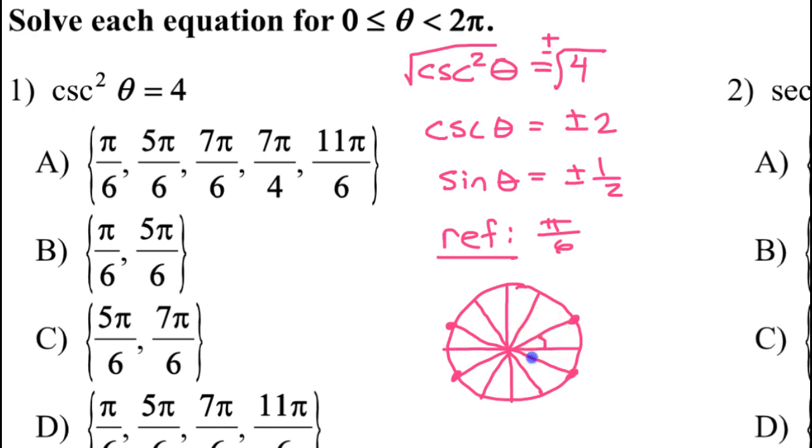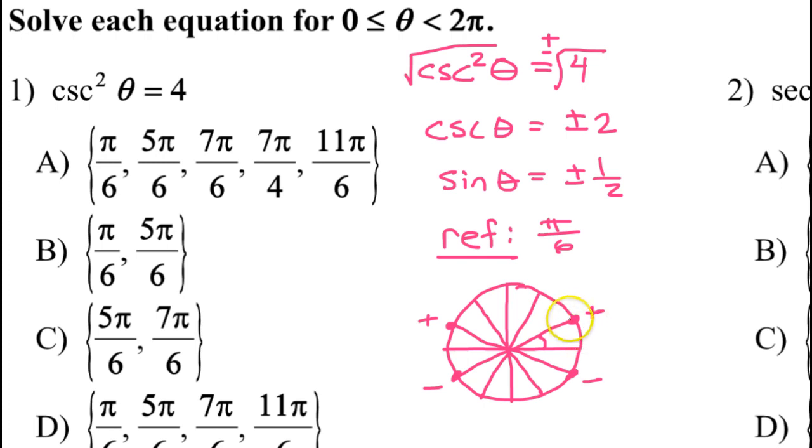This is pi over 6 right here. Now we're talking about sine right now, and the sine function is a y value on the unit circle, and y values are positive in these two quadrants and negative in these two quadrants. But since we have plus or minus, we actually want all 4.